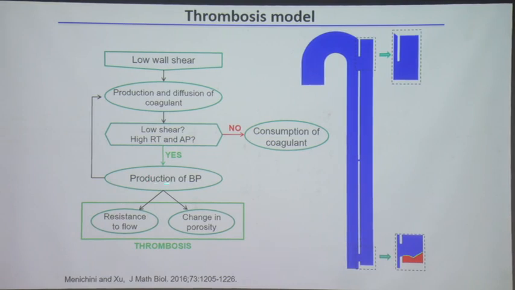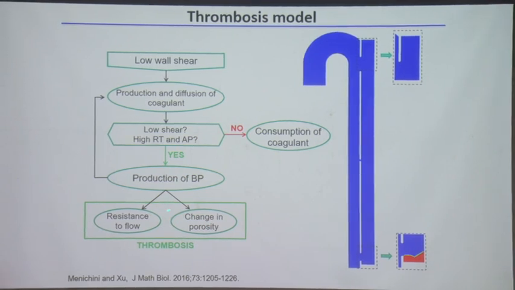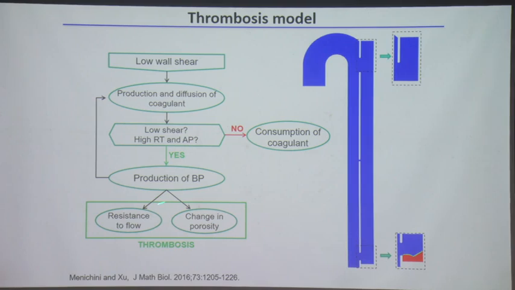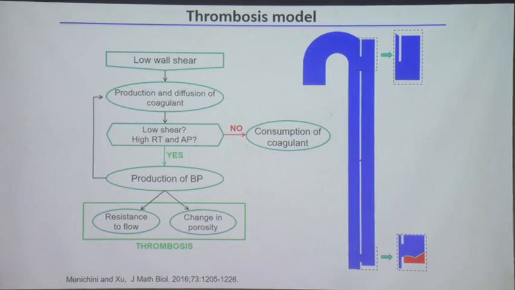These trigger the production of bound platelets, which is the formation of the clot. Once the clot is formed, it changes the porosity within the porous medium which represents the clot, and that would obviously increase the resistance to flow. And all of this has been coded and programmed into ANSYS CFX.